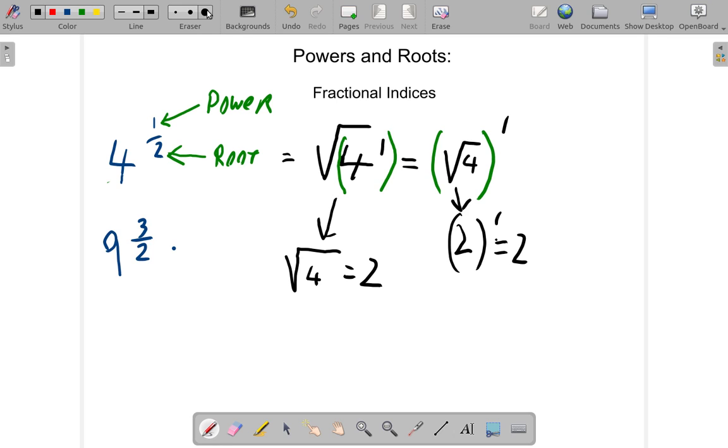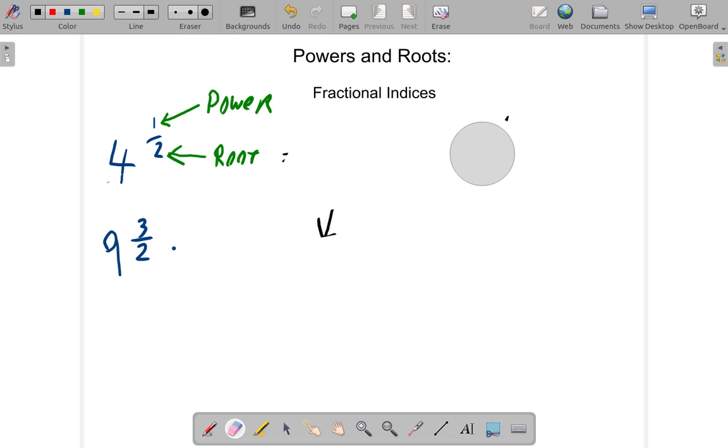Let's look at 9 to the power of 3 over 2. In other words, 9 to the power of 3 halves. Well, as you saw a while ago, the 3 is the numerator, the top number. It shows you the power to which you must raise the number, and the denominator, the bottom number, is the root of the number that you must find.